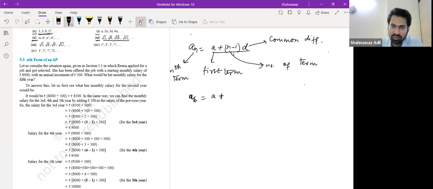Just see this formula, right? So A6 would be, we have to put 6 in place of n. That is only we have to do, right? You know an. So in this part, we have to just put the value of n. So that would be how much?